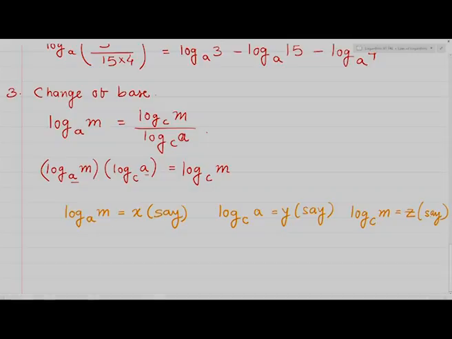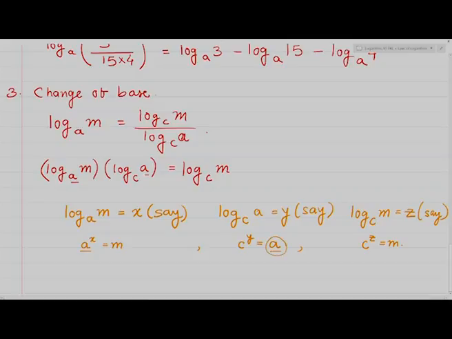So, now this simply means a raised to x is equal to m. I am using the 7 rule, I am converting c raised to y is equal to a, then c raised to z is equal to m. Okay. So, these are the 3 conversions, but notice here this a is because of the base, this a is because of the argument, right.